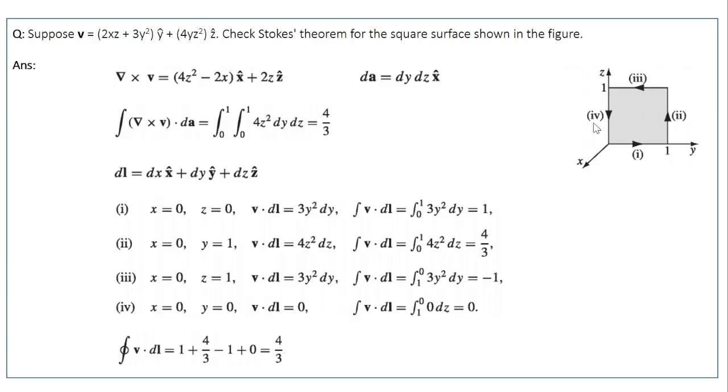And for the fourth side, x equal to 0, y equal to 0. So you find the line integral values and add them up, and you get the same value 4 by 3. So you prove that the surface integral of curl is nothing but the value at the boundary. So that's about the fundamental theorem for curls.